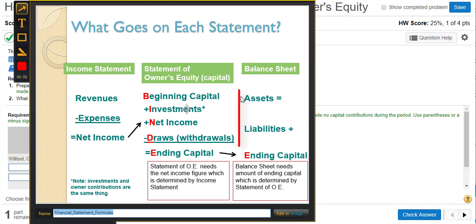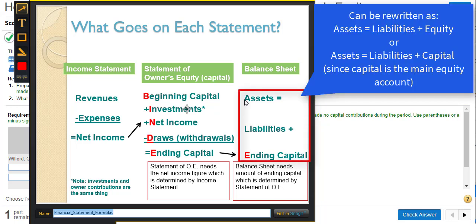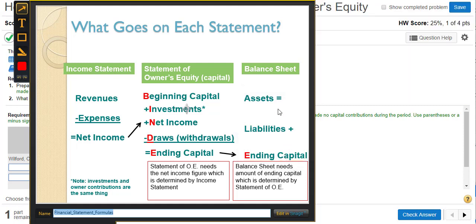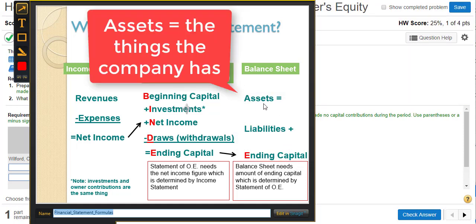So the balance sheet, the formula is basically the accounting equation. Assets equals liabilities plus ending capital. And ending capital just means the capital at the end of the period. So remember, the accounting equation is listing everything that the company has, which is assets, and then the other side of the accounting equation, liabilities and capital, is showing who owns those assets.